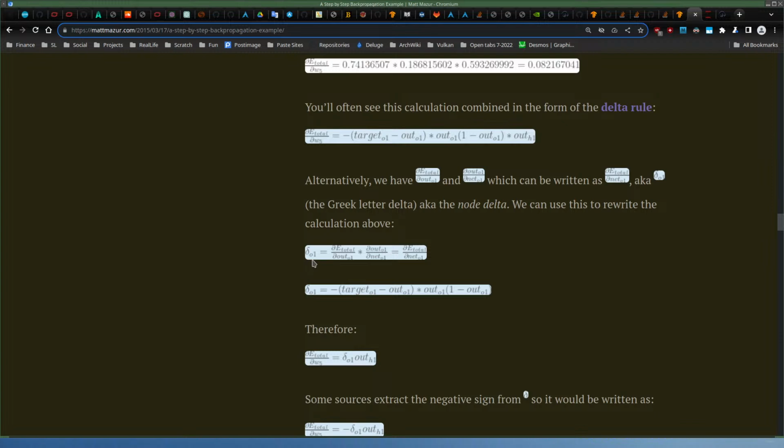There's a delta. Delta 01 is the loss function over net 01.